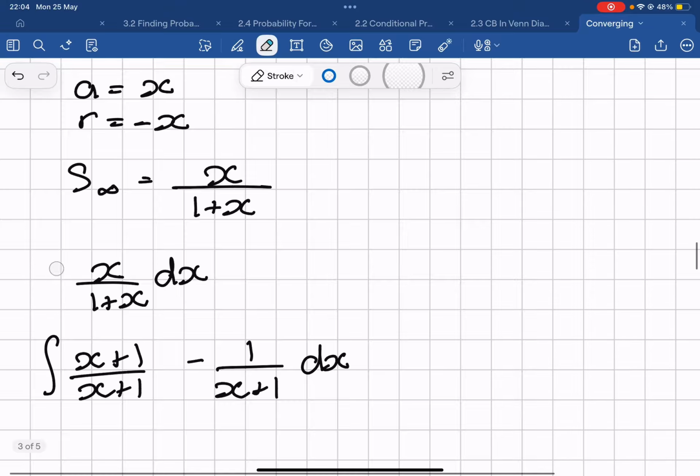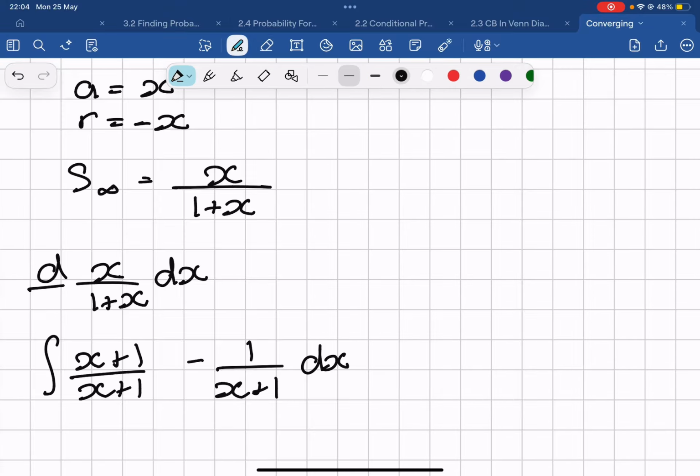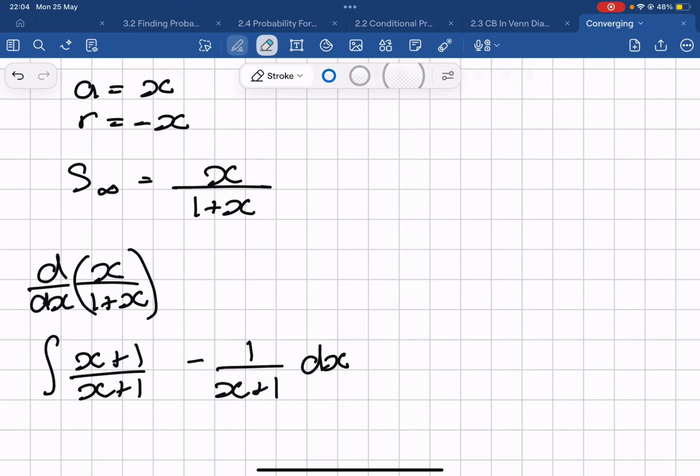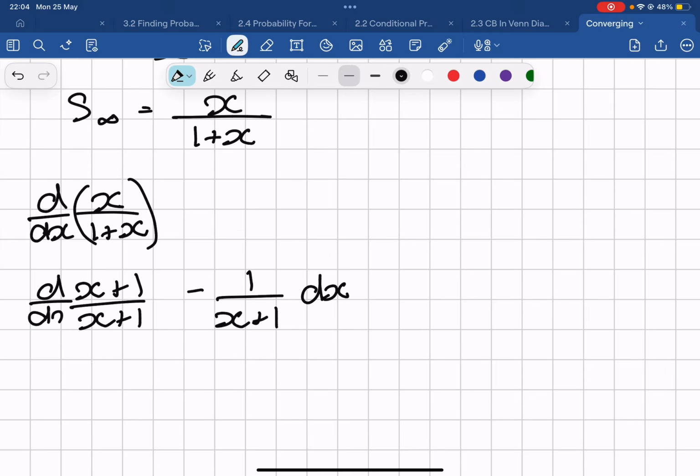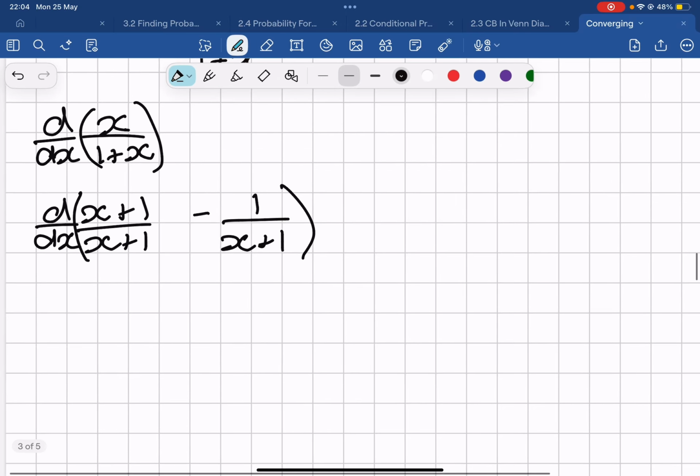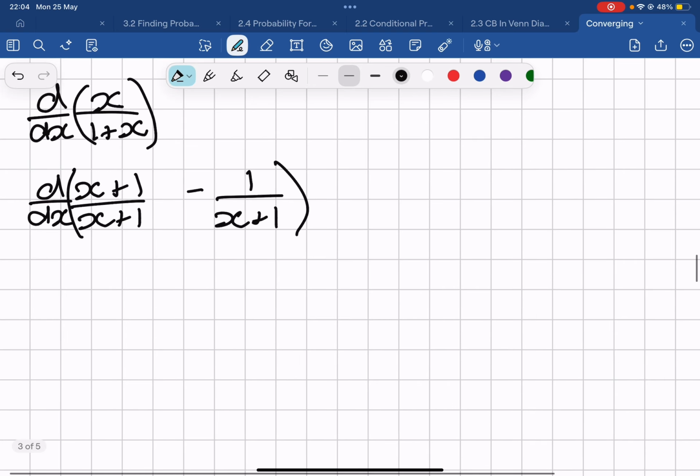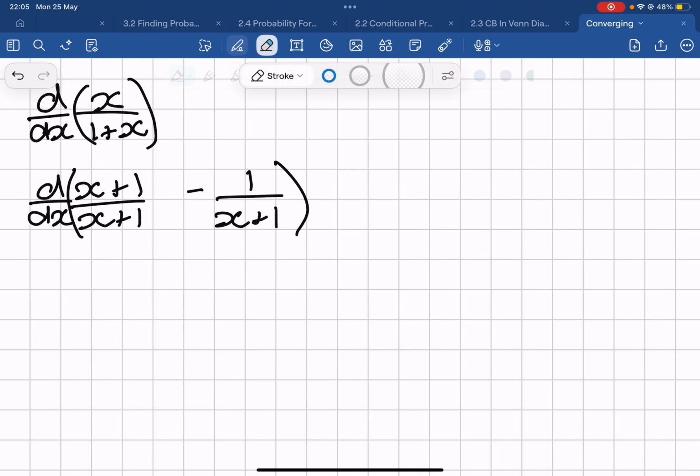Actually, no, we shouldn't be integrating, we should actually be differentiating with respect to x, because we integrated here. So to undo the integral, we just differentiate. So this is just 1. If we differentiate 1, we just get 0, so that term disappears.